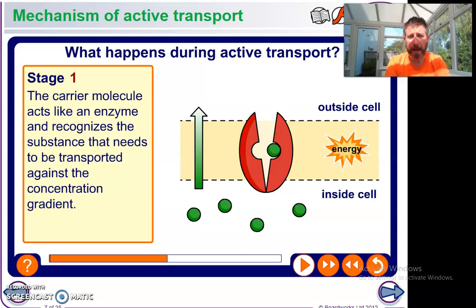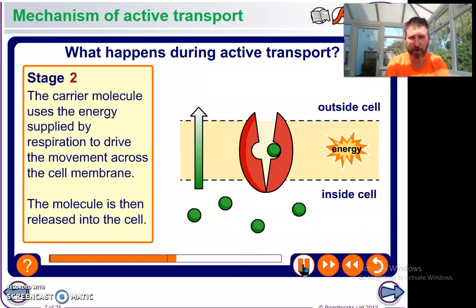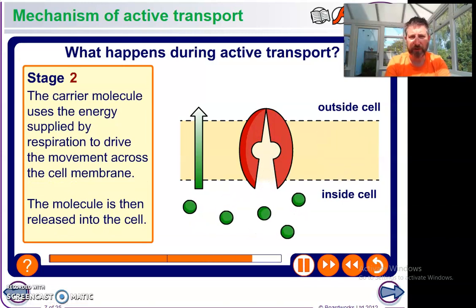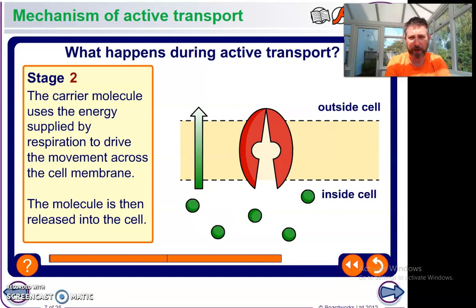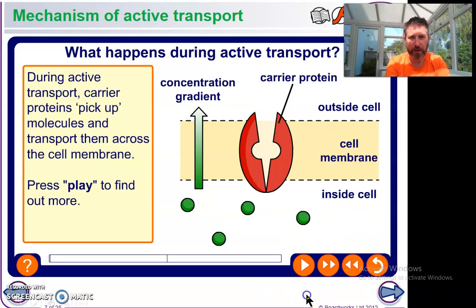And that will use energy from respiration, so mitochondria will drive that process, and that will physically transport it through the cell membrane. That molecule is moved from the outside of the cell to the inside of the cell. This occurs in various parts in the human body, the reabsorption of certain minerals, but it also occurs in plant tissue. So that's active transport.